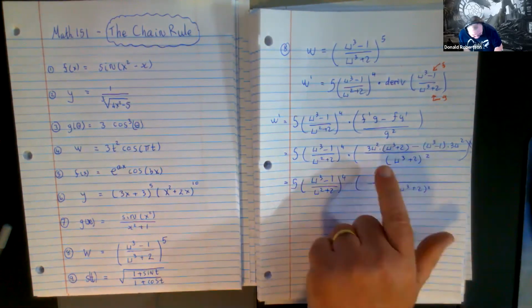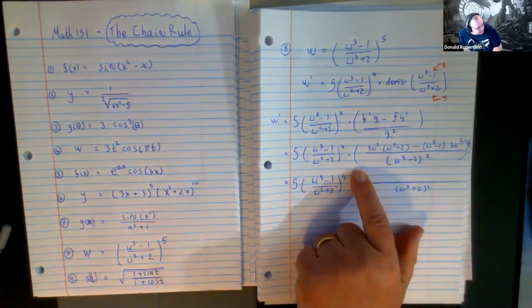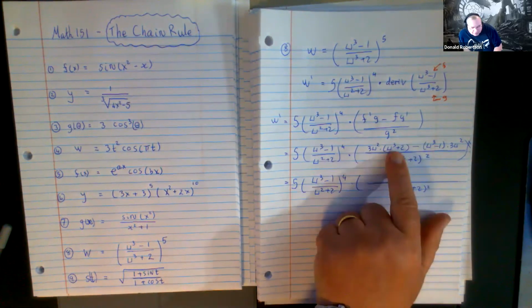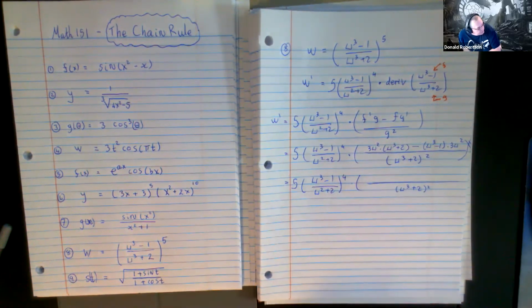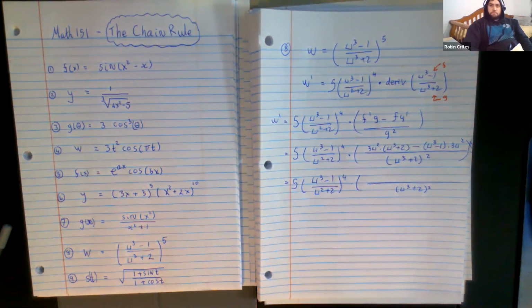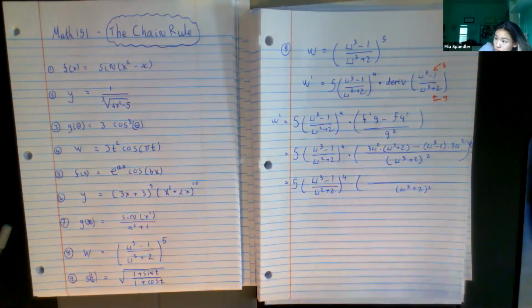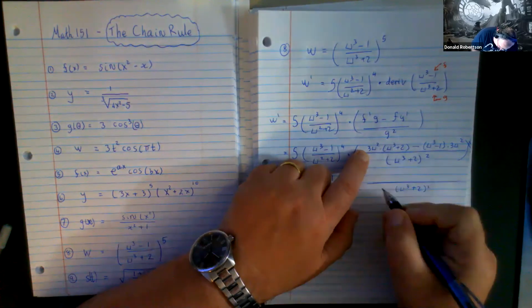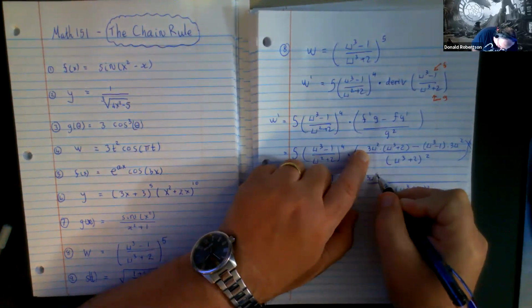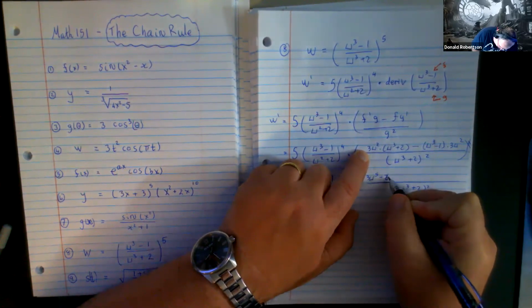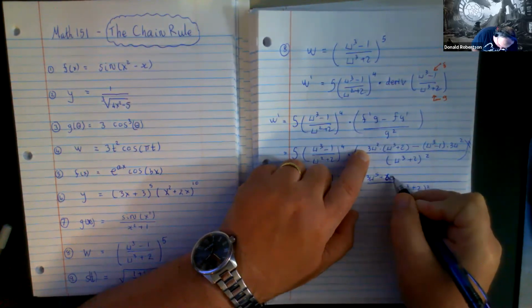Do you want me to do it as a distribute and collect like terms, or do you want me to do this next line as a common factor? It really doesn't matter because they both work. What do you want to see? Distribute. Okay, so distribute this guy. You get 3u to the 5 plus 6u squared.